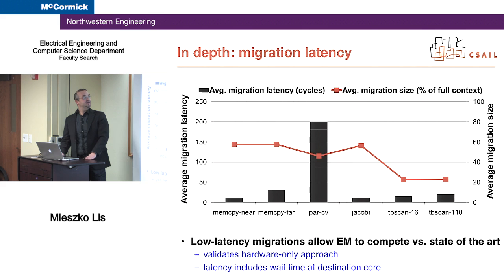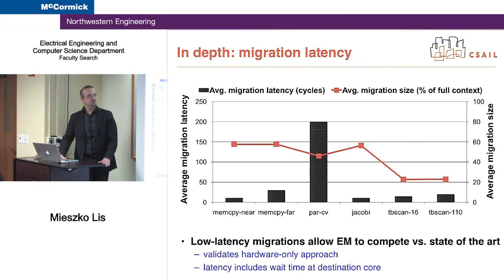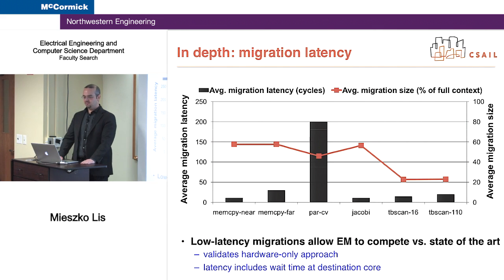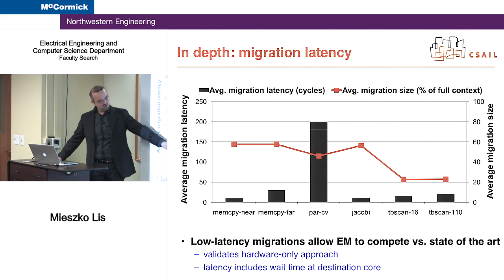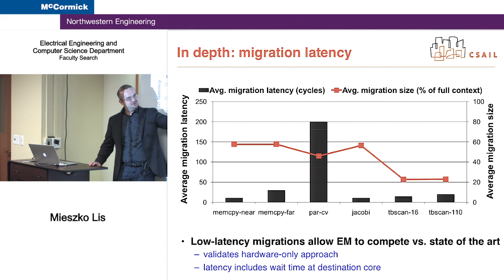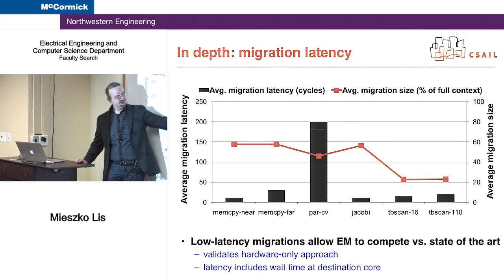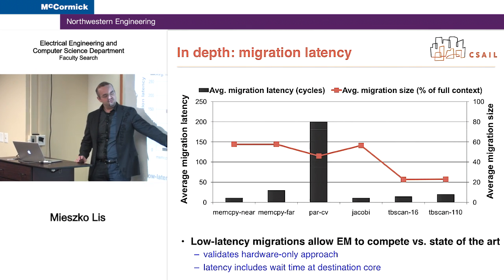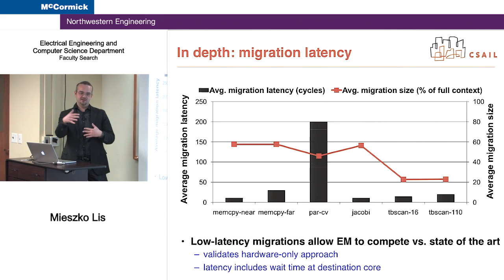So, yeah. So how does the migration system work? Well, the average migration latency, as you can see here, tends to be pretty low. Amusingly, it's really high for this benchmark on which we do really well. But the reason is that this number also includes the amount of time that a thread spends waiting at the core to be migrated in, right?